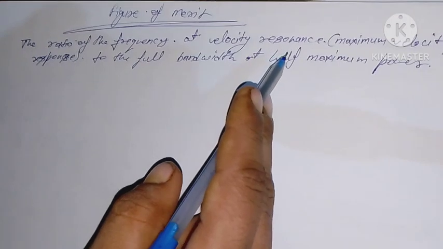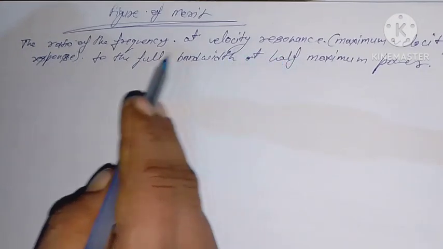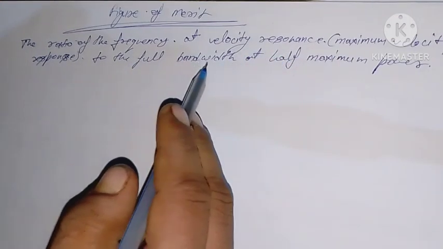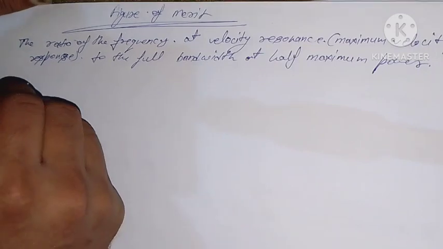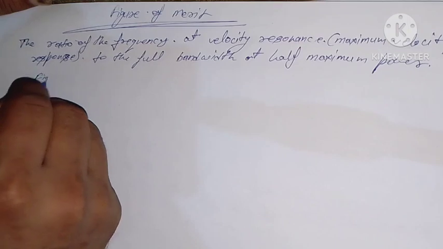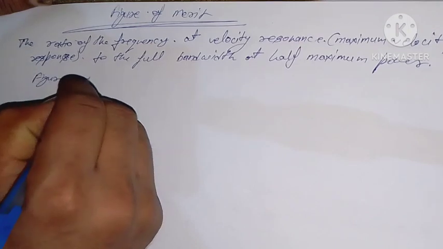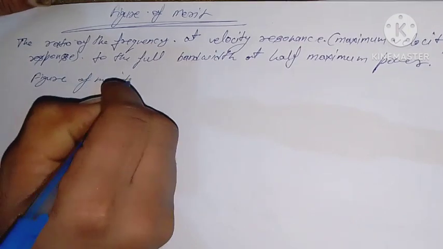It is the ratio of the frequency at velocity resonance, maximum velocity, to the full bandwidth at half maximum power.